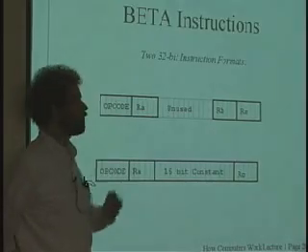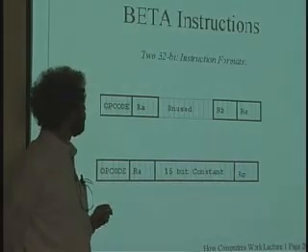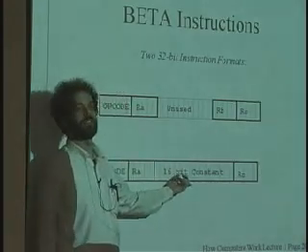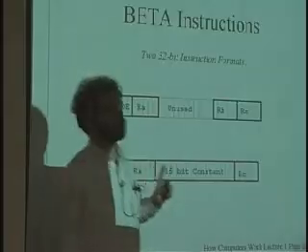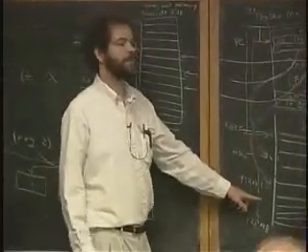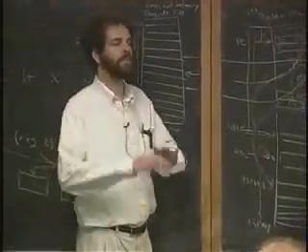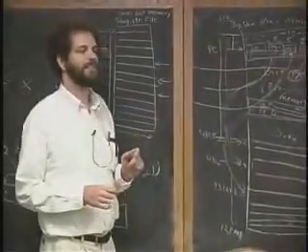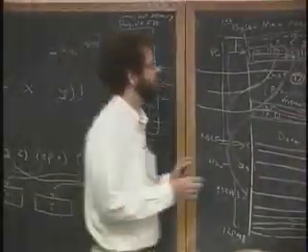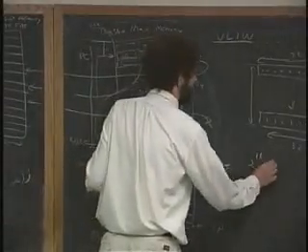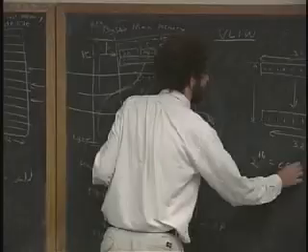And to get to the question that was asked before, loads and stores are going to have to make do with 16-bit constants, which is going to make storing into a location that's way out here past 16 bits hard to do, right? Because what is 2 to the 16? If you learn nothing else, you're actually going to know what all the powers of 2 are. 2 to the 16 is 64K, which is actually 65536.